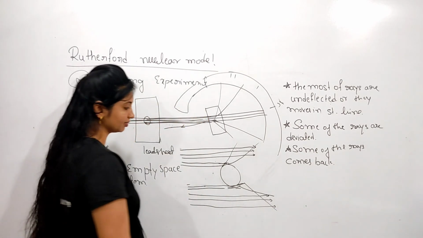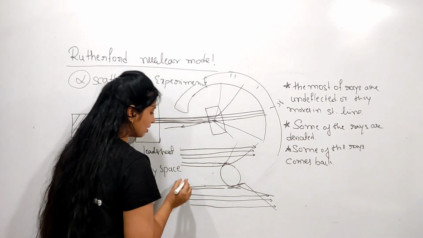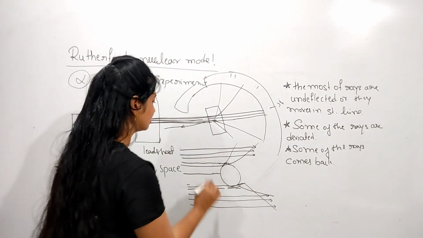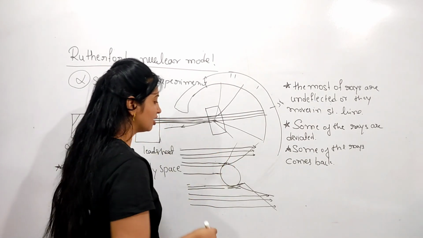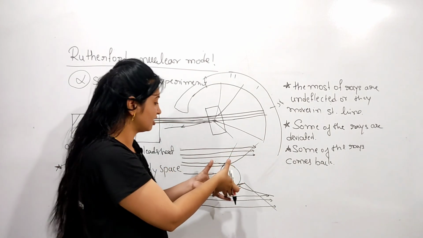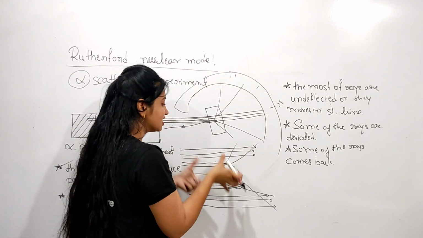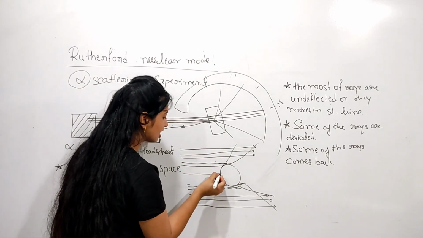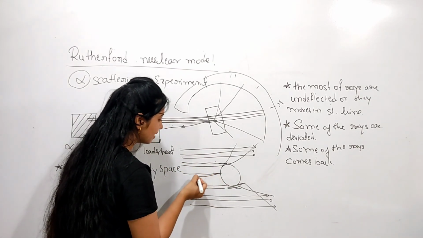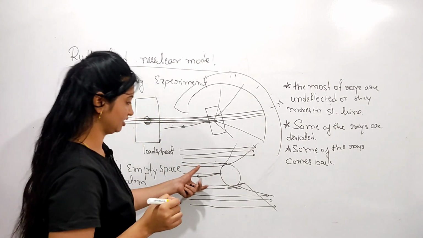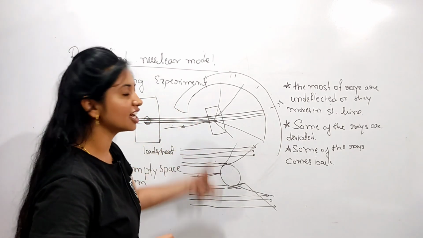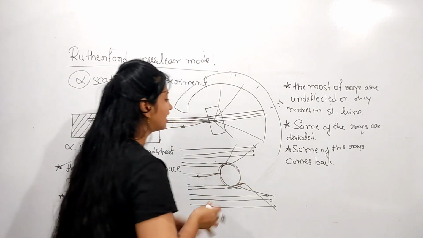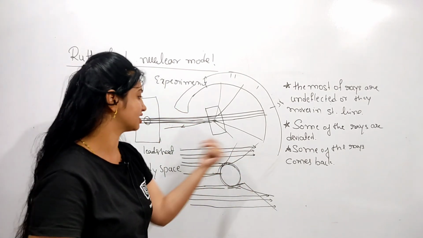And then some of the rays directly hit this concentrated mass. It is heavy in nature. By reason of this heaviness, the particles come back at nearly 180 degrees. So like this, the rays behave because of this concentrated heavy mass present in an atom.